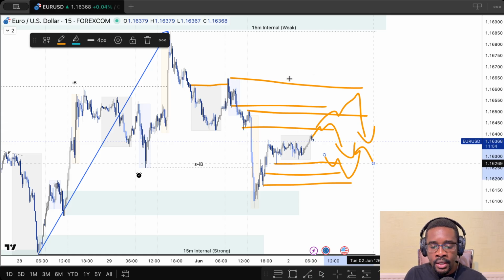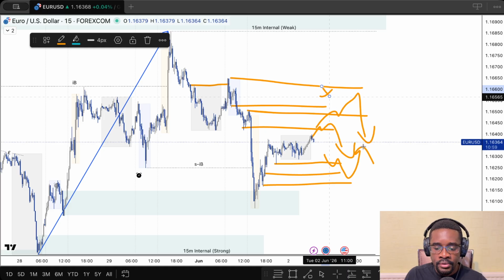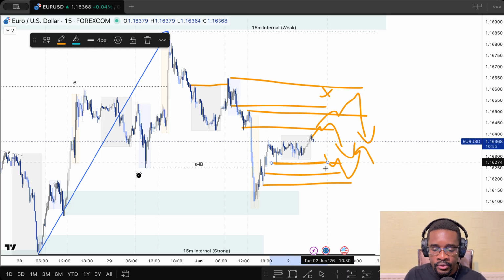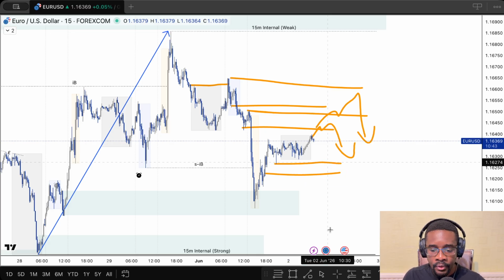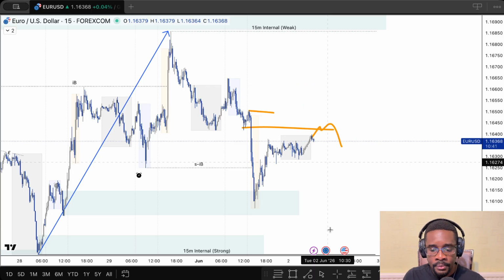Otherwise, maybe I might wait for a quick reaction from this area to the downside, or if price comes down, sweeps these areas, then it comes in, then look for longs. Otherwise for now it's more of waiting to see how price develops, and we take it from there. So those are my ideas for the Euro USD.